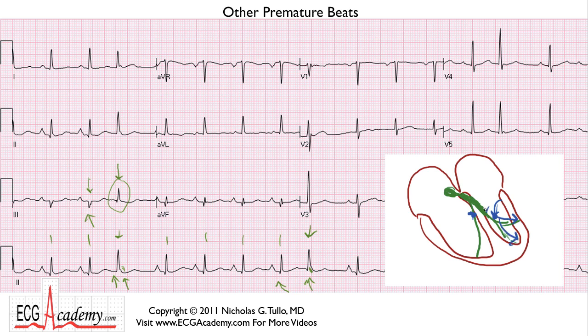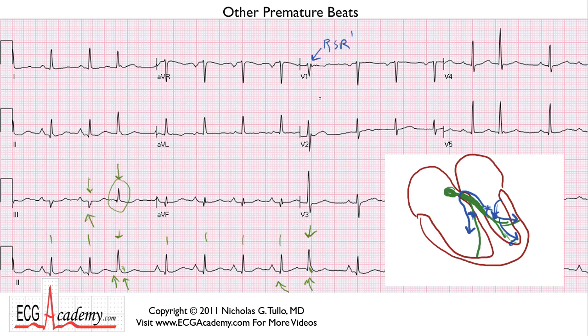But the premature beat arising from this part of the conduction system would have to go back up in a retrograde direction, reach the His bundle, and then turn around and go back down the opposite bundle. And so what happens is it gives rise, in this case, to a little R prime here. So you have an RSR prime pattern. It's like an incomplete right bundle branch block pattern.